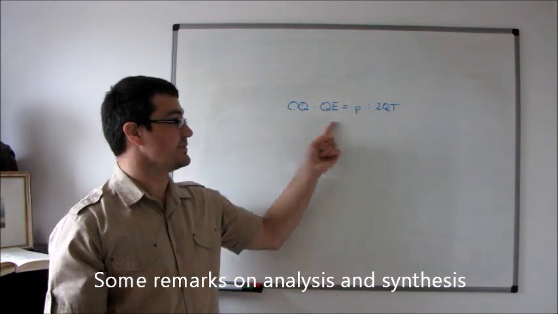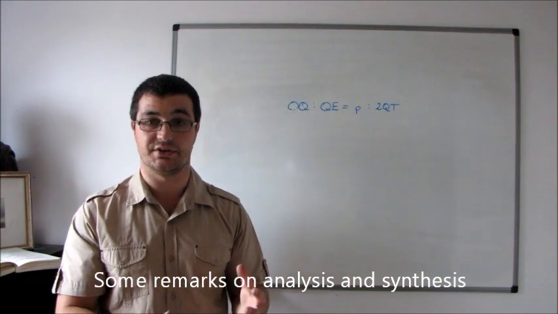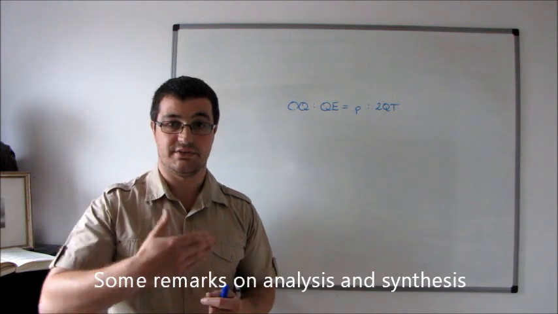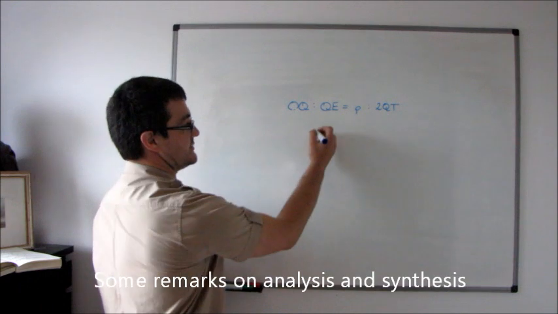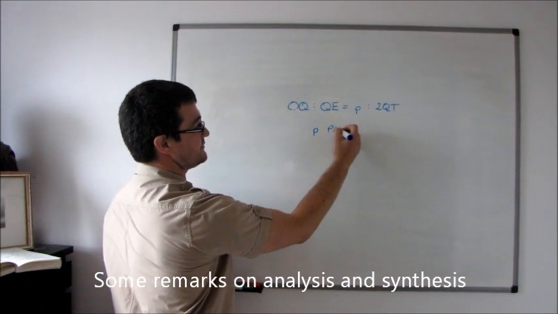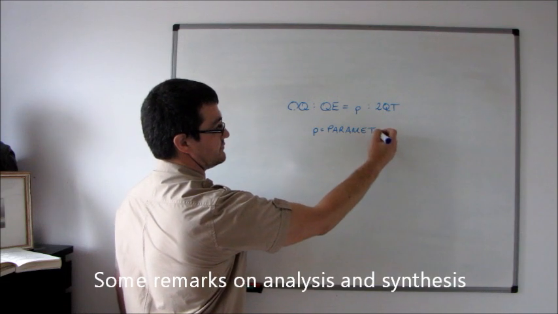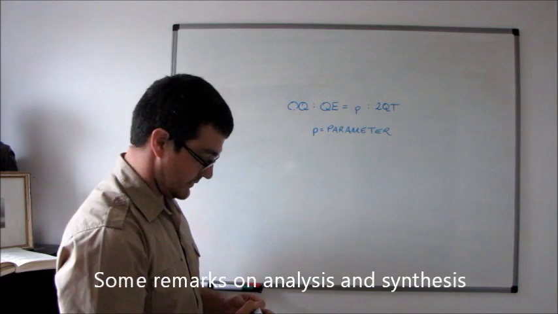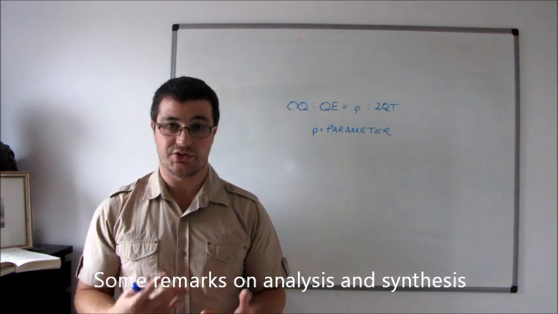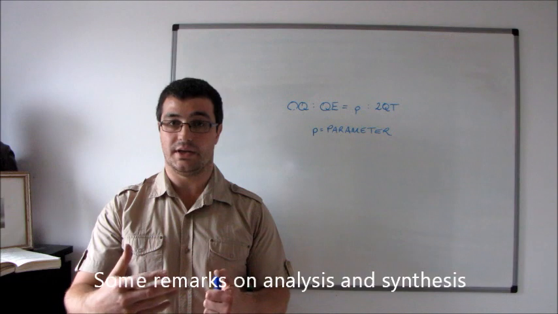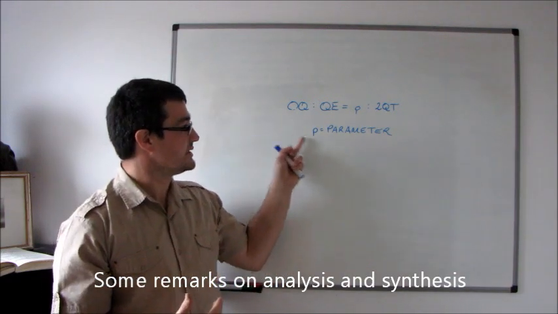So Apollonius starts with this as part of a particular statement, the proposition, and then he goes through a series of logical deductions to get to the desired endpoint, which is that P is the parameter.